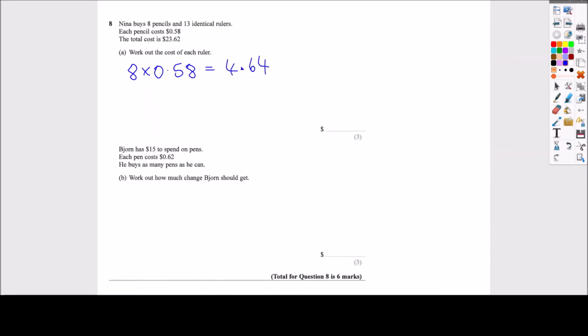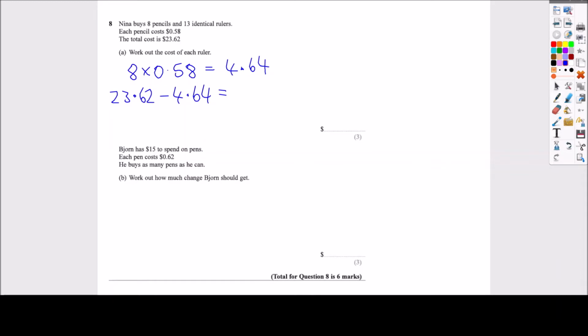Right, okay. The total cost is £23.62. So if the total cost is £23.62 and she spent £4.64 on pencils, she spent the rest on rulers. So do 23.62 and take away 4.64.